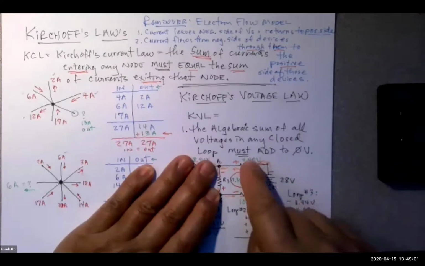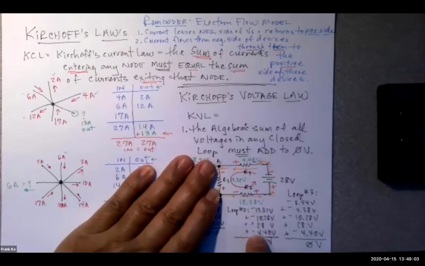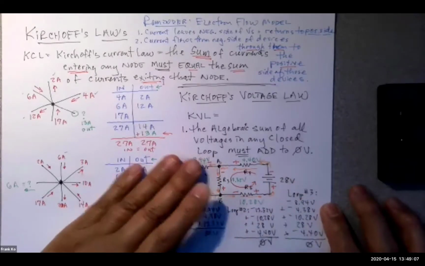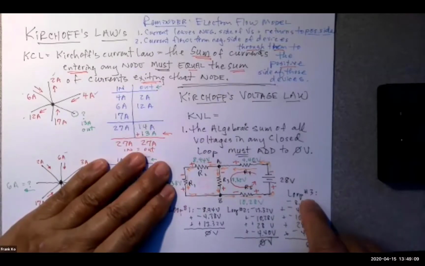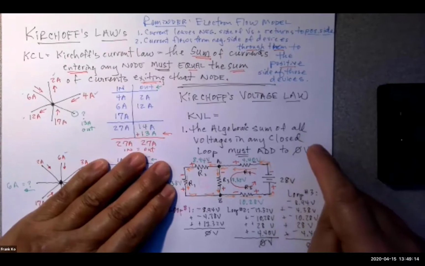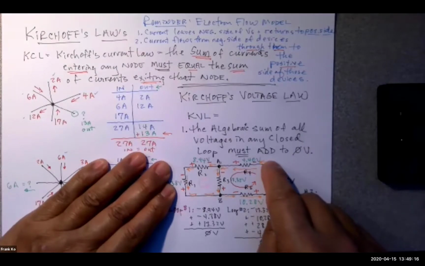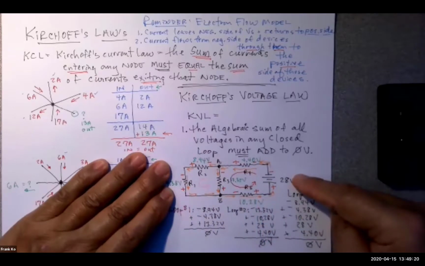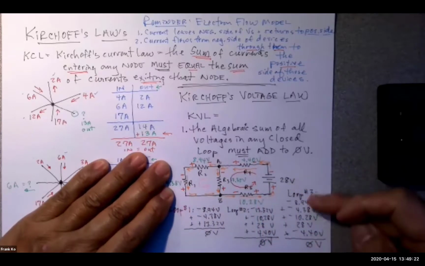And if I add this plus this plus this, as we did in loop number 2, it added up to be the voltage source. This could also be said here is the outer loop, loop 3, includes the voltage source. So Kirchhoff's law says in any closed loop, the algebraic sum of voltage drops must add up to the voltage source, and they do in here as well.